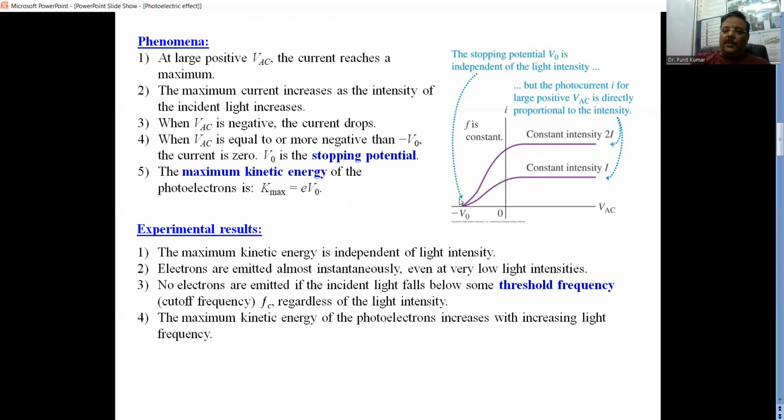No electrons are emitted if the incident light falls below the threshold frequency. And this threshold frequency is different for different metals. And the maximum kinetic energy of the photoelectron increases with increase in the frequency.